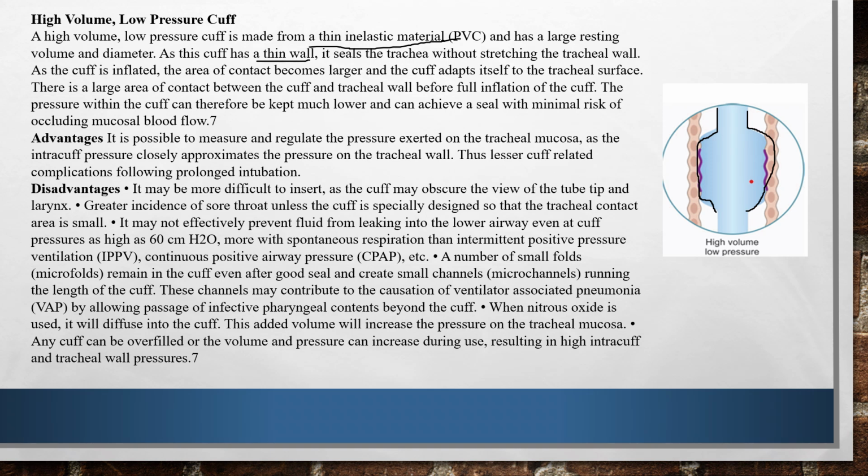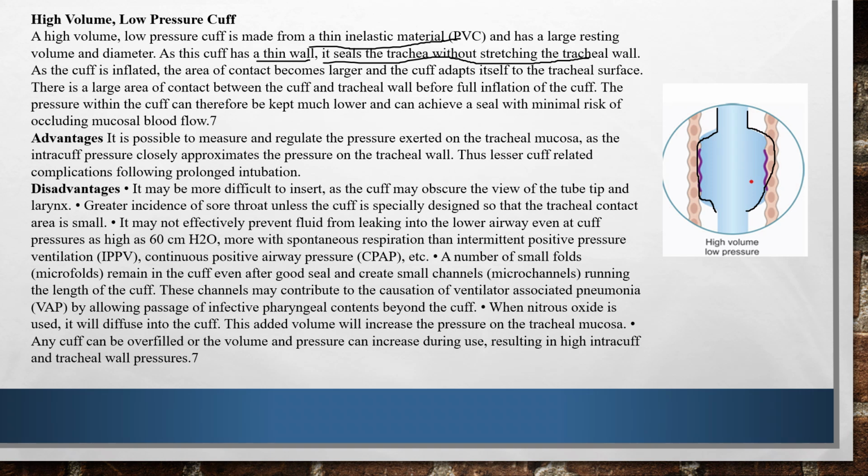In the low volume high pressure cuff, it has a thick wall, and in the case of the high volume and low pressure cuff, it has a thin wall. So the main difference between these kinds of cuffs is that one has a thick wall and the other has a thin wall, and it seals the trachea without stretching the tracheal wall.